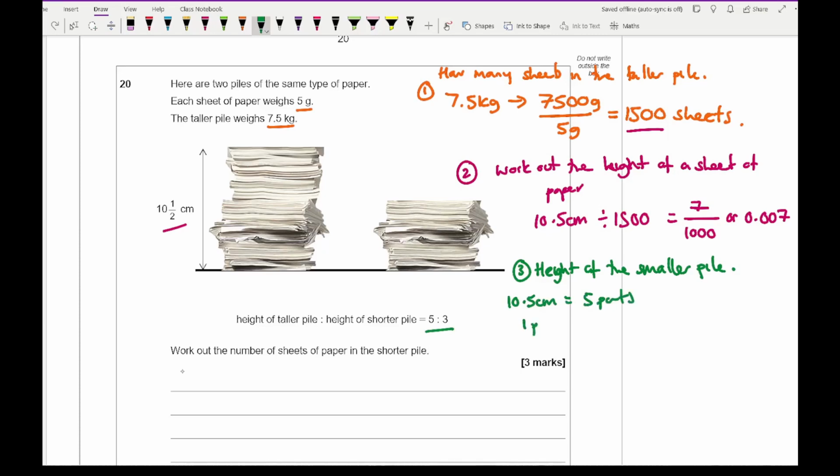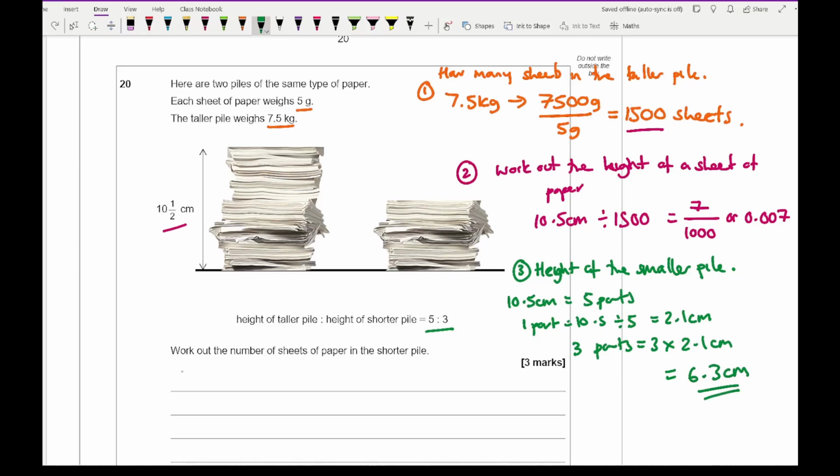So 1 part is going to be 10.5 divided by 5, which is 2.1. And so 3 parts is going to be 3 times 2.1 centimeters, which is 6.3 centimeters.